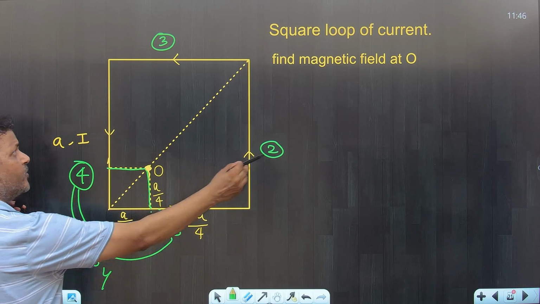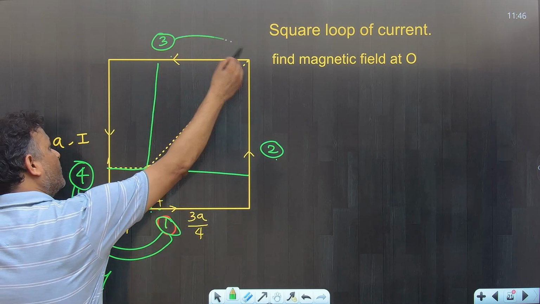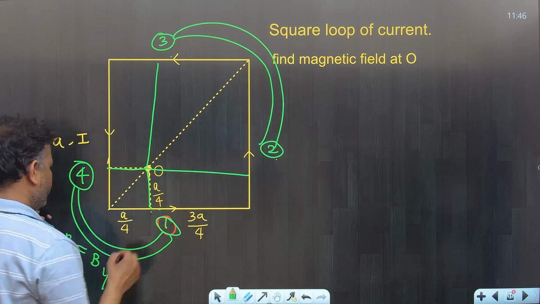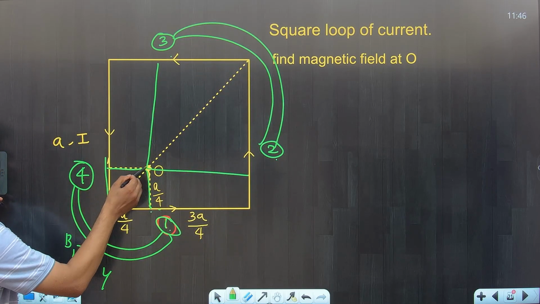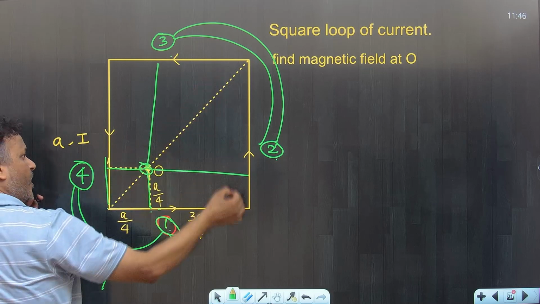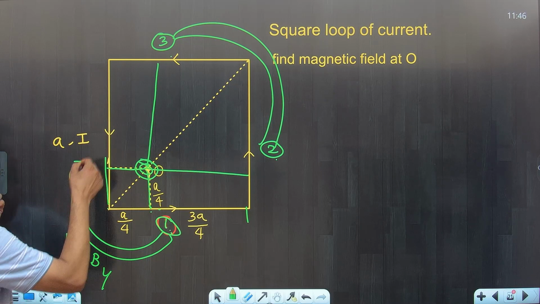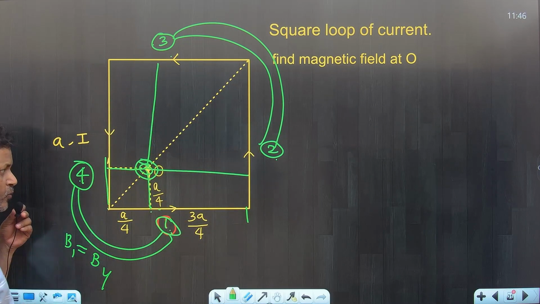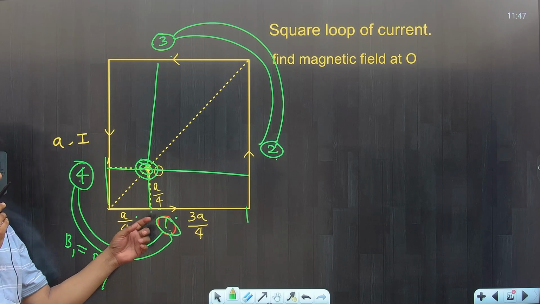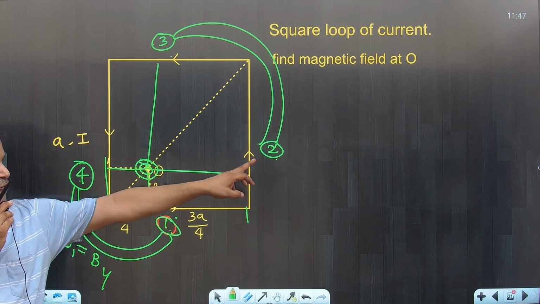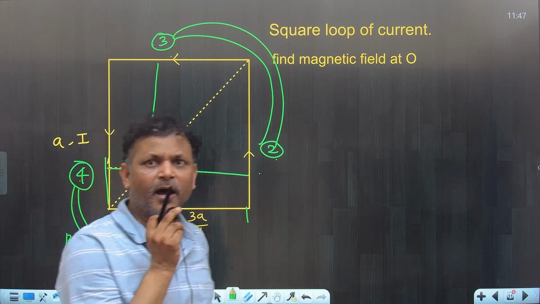And wires 2 and 3 are equidistant from point O, so B3 will be equal to B2. So what we have to do is calculate the magnetic field due to this wire and double it, and the magnetic field due to this wire and double it, and just add them, and you will get the answer.